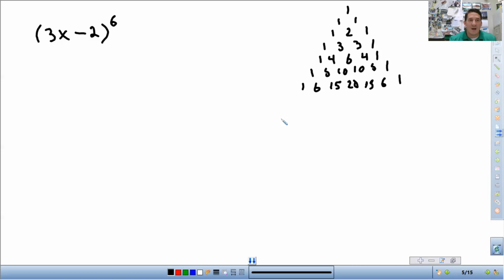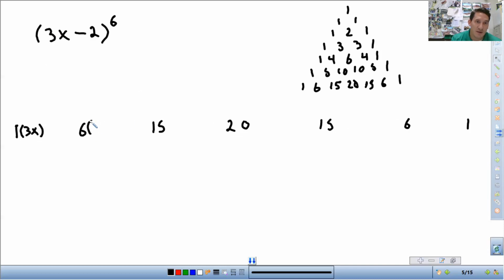So I'm going to write out those for my coefficients. 1, 6, 15, 20, 15, 6, 1. So this time each term is going to get a 3x.